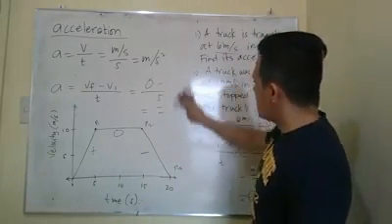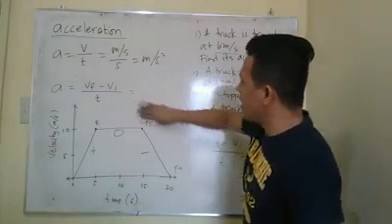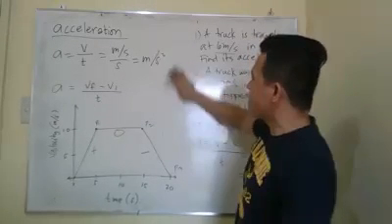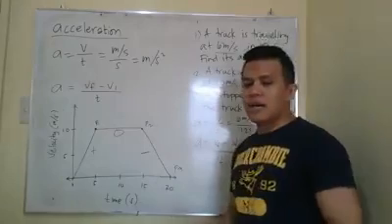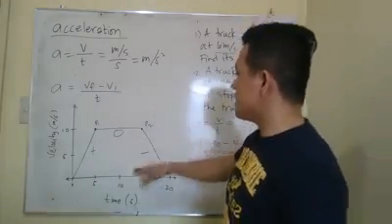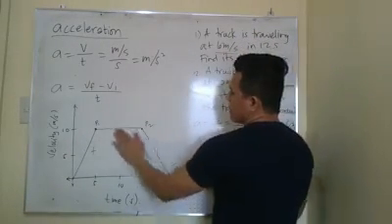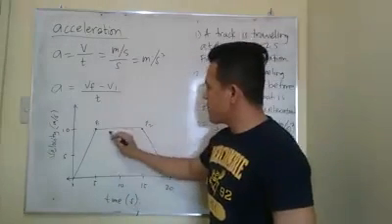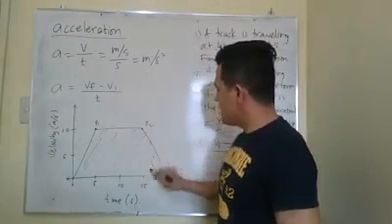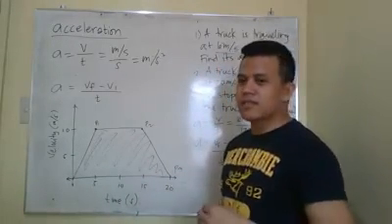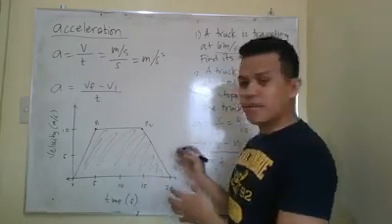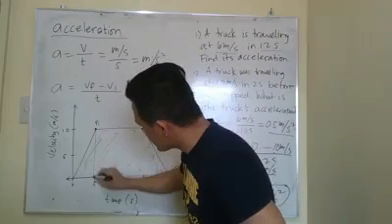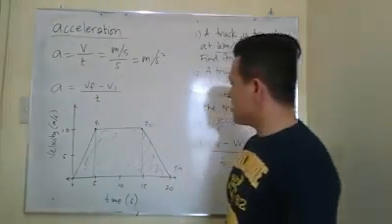Now, we're going to compute how much distance is being covered by a certain object. Going back to the graph, we have to compute the area covered by the figure. That is the total distance covered by the object. The first one, we have a triangle, and another triangle here.